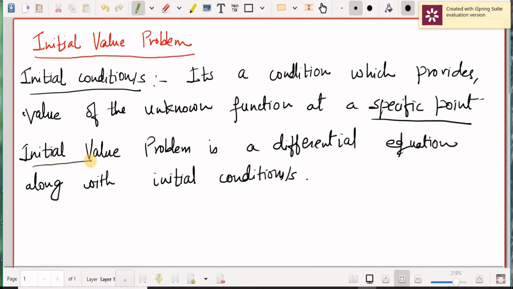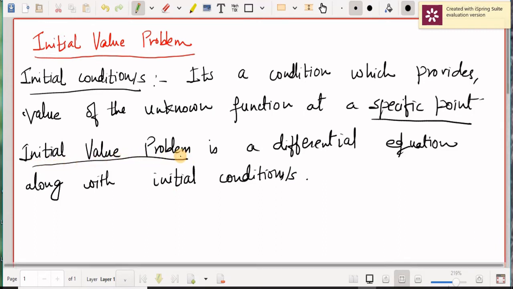Okay, so that's how we define initial value problem. Let's see some examples on initial value problem.